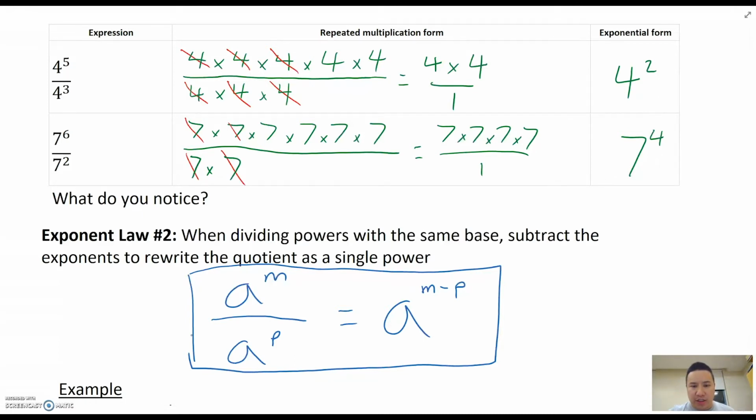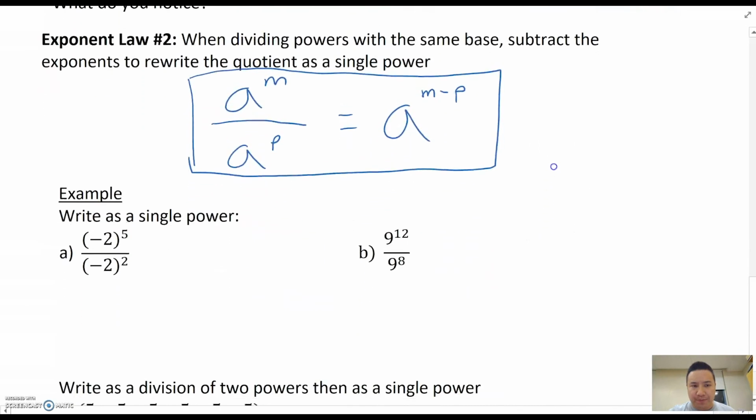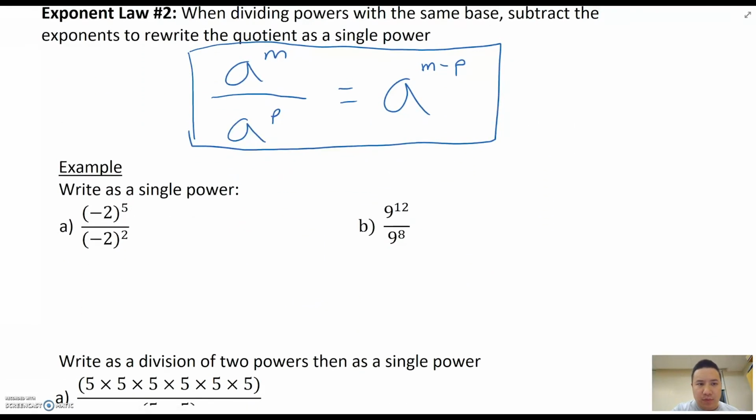So again, let's take a look at some examples. Let me scroll this up. We have, write as a single power. So we have negative 2 to the power of 5. We have brackets around the negative 2, which means that negative is part of the base. Our base is negative 2. Our exponent is 5 on top and a 2 on the bottom. So our base does not change.